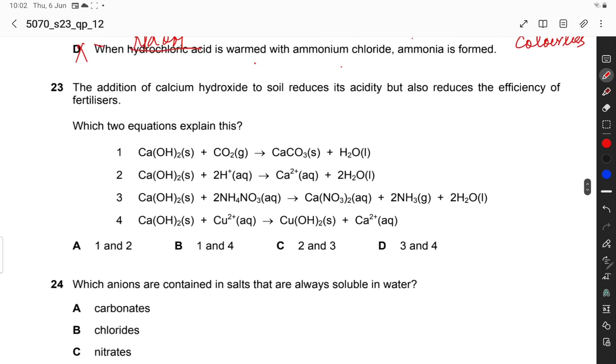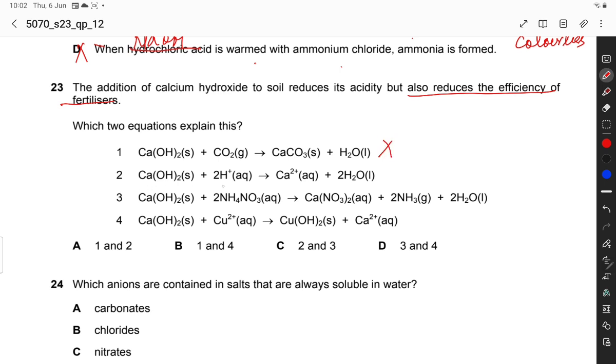Question 23. The addition of calcium hydroxide to soil reduces its acidity but also reduces the efficiency of fertilizers. Which two equations explain this? Calcium hydroxide, carbon dioxide and calcium carbonate, incorrect.